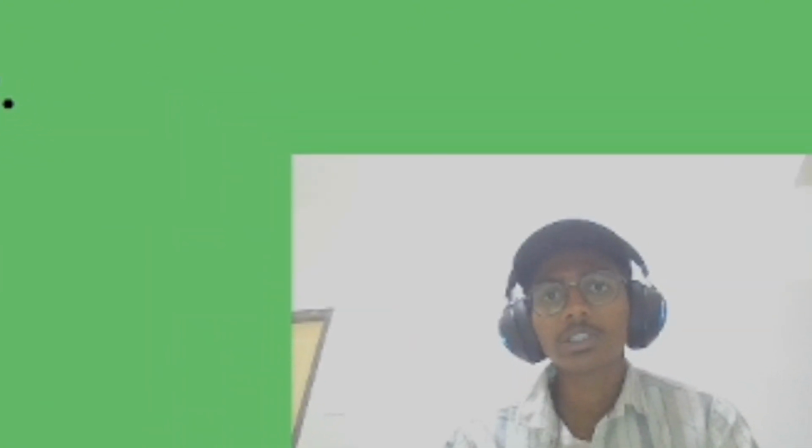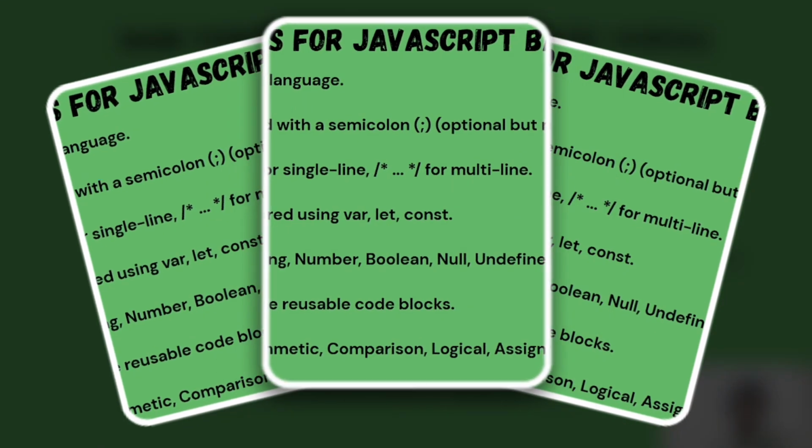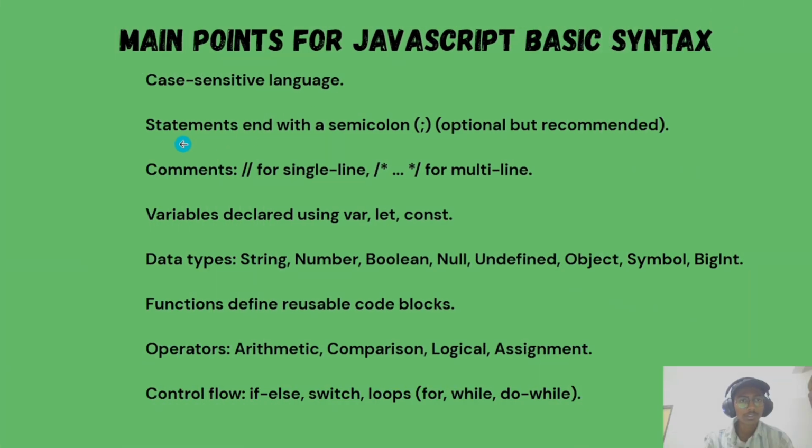Main points for JavaScript basic syntax. It is a case-sensitive language. Statements end with a semicolon. Comments for a single line use this, for multi-line like this. Variables are declared using var, let, and const.